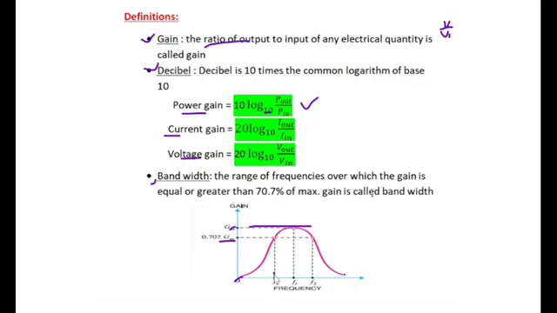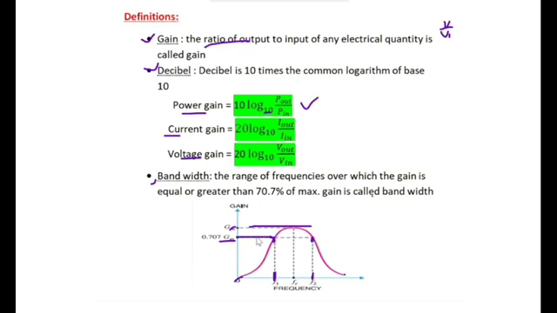F1 and F2 are the two cutoff frequencies, because from this point the gain is 0.707 of GM.